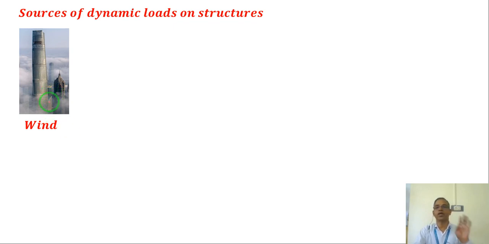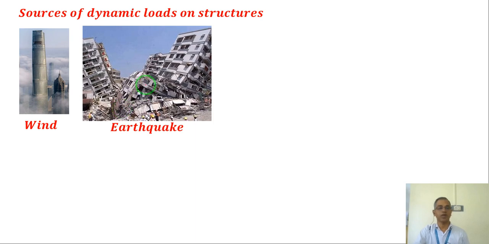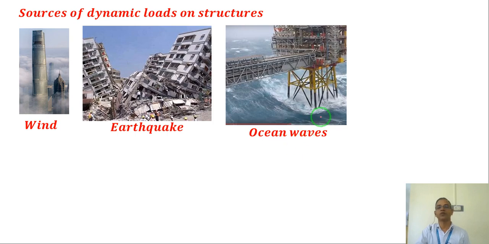It is not simply a static load onto the structure. Second is the earthquake load, which is a dynamic load that is time variant. Then the ocean waves onto a jetty, a ship structure or a berth structure are a dynamic loading.